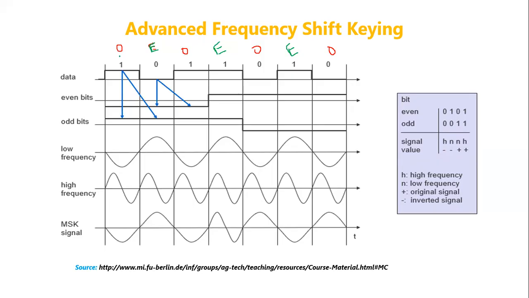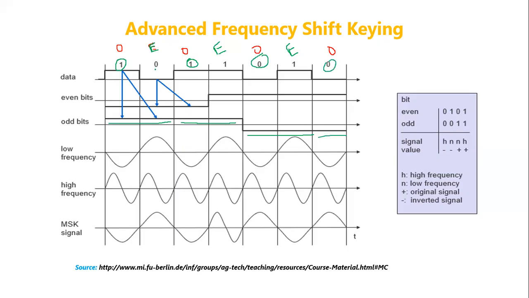This is an odd bit, 1, represented using two ones. Similarly, the next odd bit, also 1, is represented using two ones. The next odd bit is 0, represented using two zeros. The next odd bit is also 0, represented using two zeros. Like that it continues.